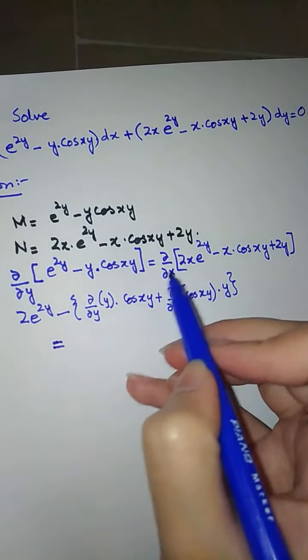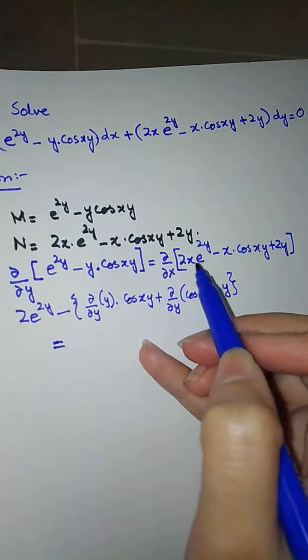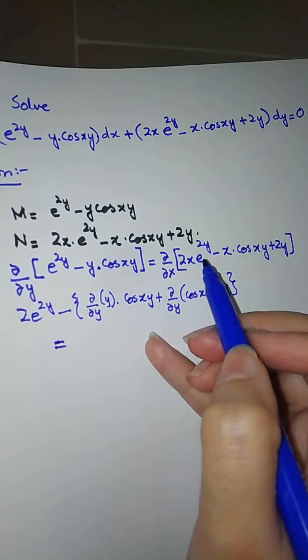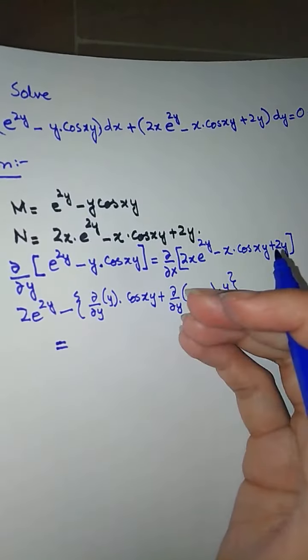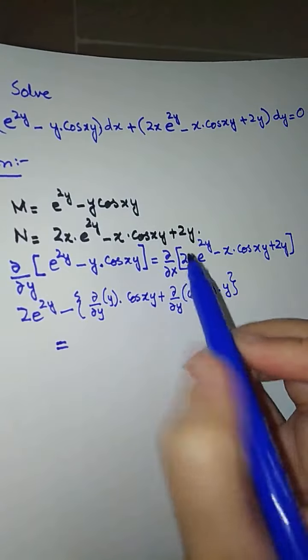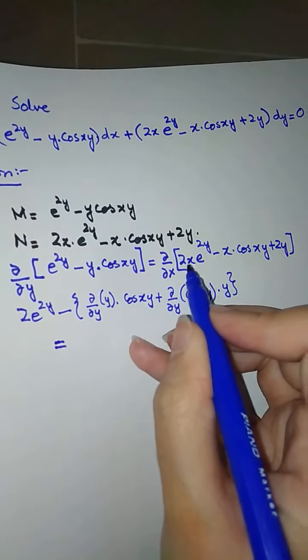Now for the right side, the second function is e^(2y). Here y is considered constant due to the partial derivative, so we are only concerned with x.